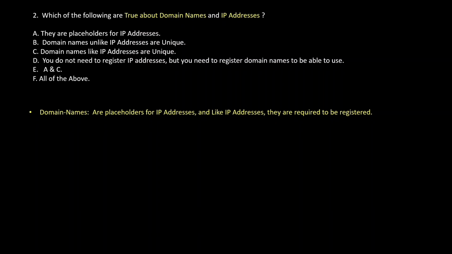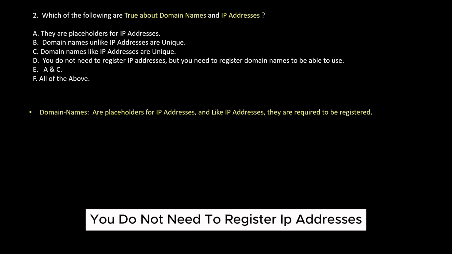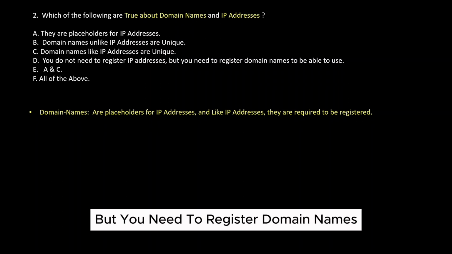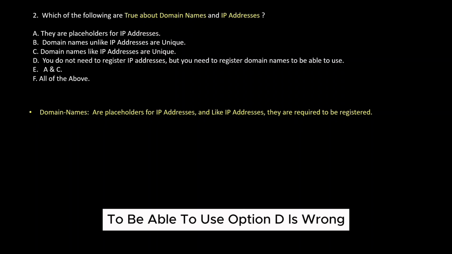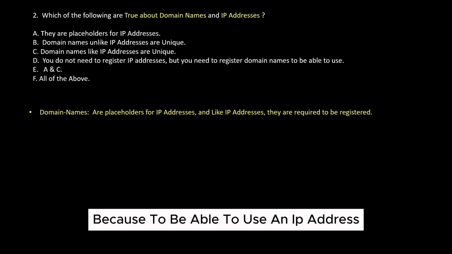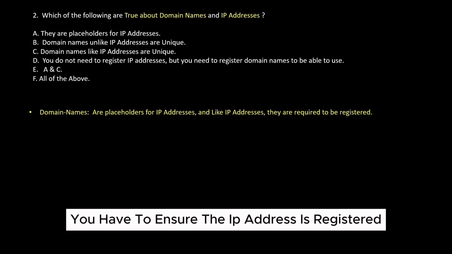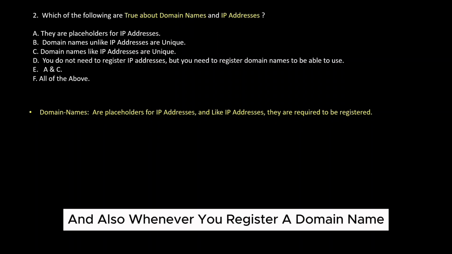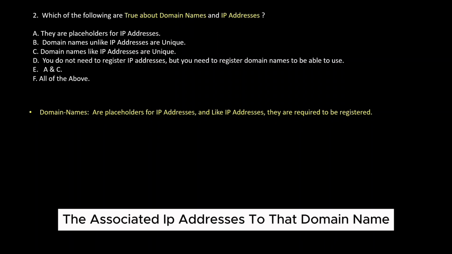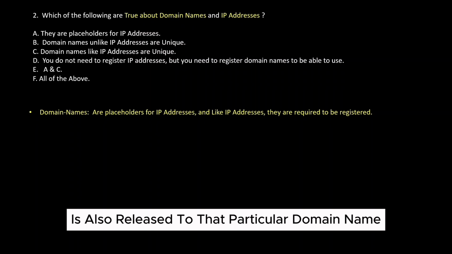Option D, you do not need to register IP addresses, but you need to register domain names to be able to use. Option D is wrong, because to be able to use an IP address, you have to ensure the IP address is registered. And also, whenever you register a domain name, the associated IP address to that domain name is also released to that particular domain name.